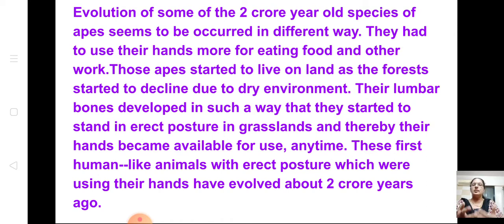So they started using their hands and became erect. These first human-like animals with erect posture, using their hands, evolved about 2 crore years ago.